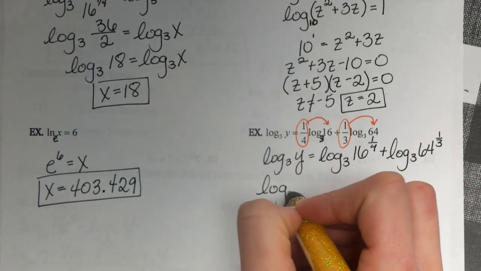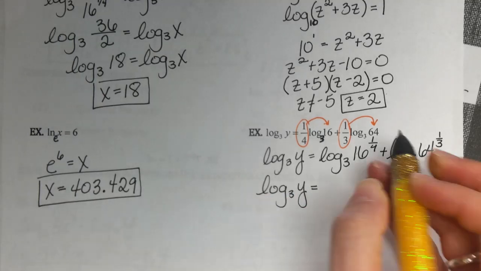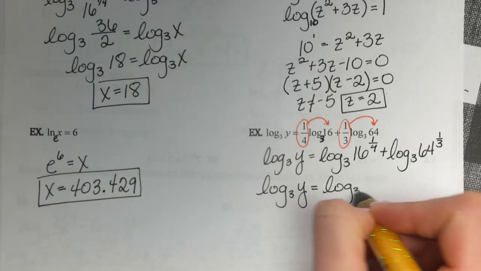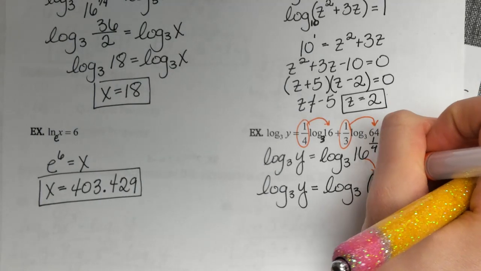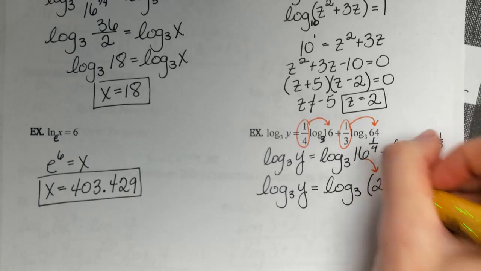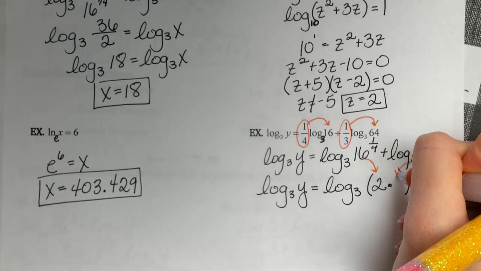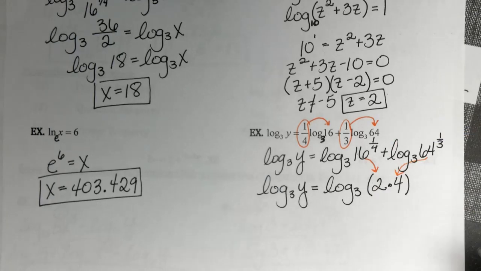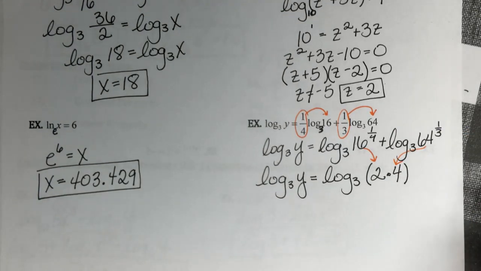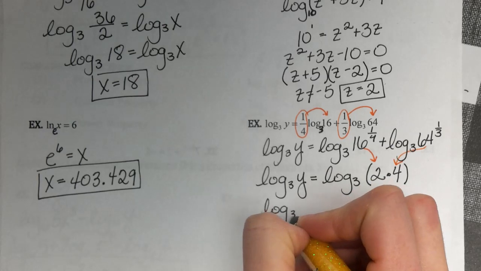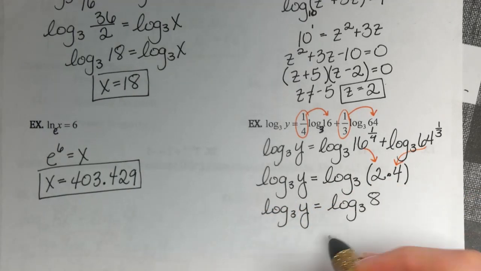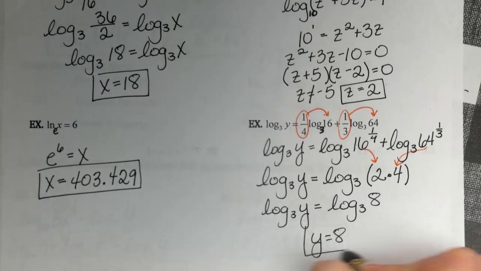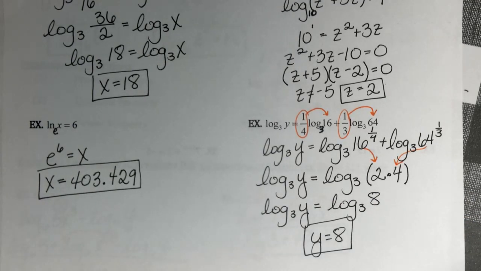So then log base 3 of y is equal to log base 3. What's the 4th root of 16? And then the cube root of 64. Okay. So log base 3 of y is equal to log base 3 of 8. Y is equal to 8. Okay?